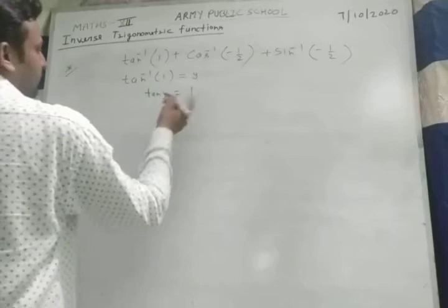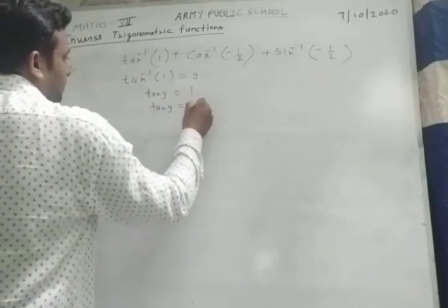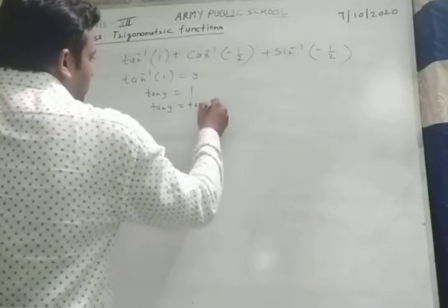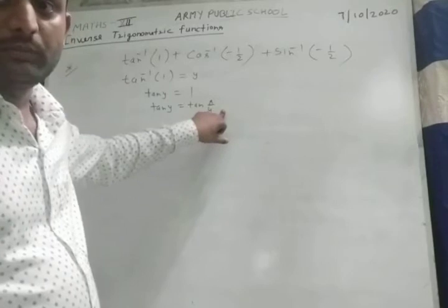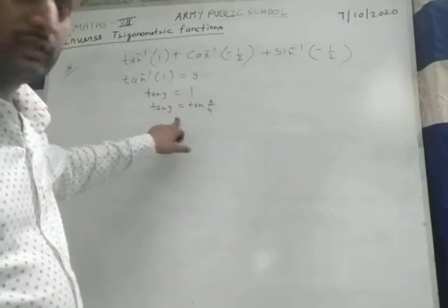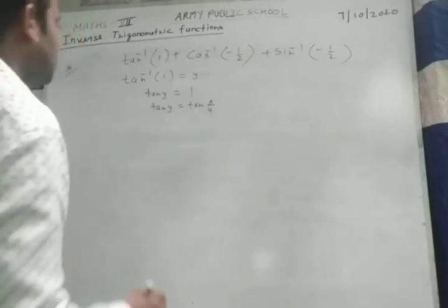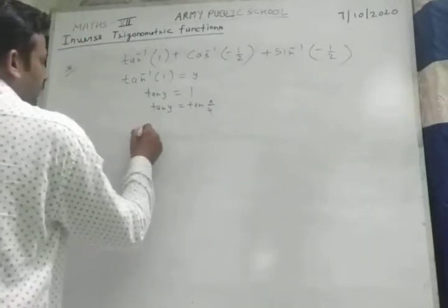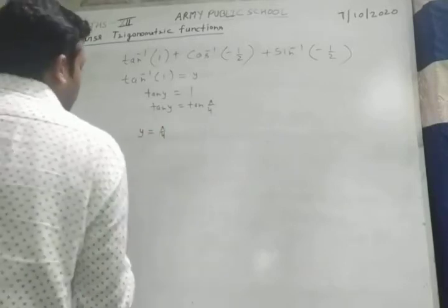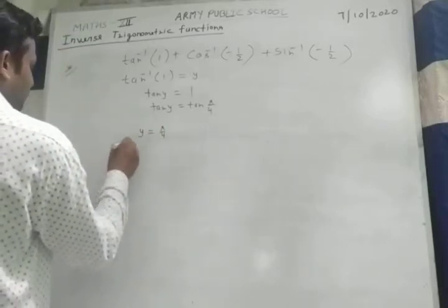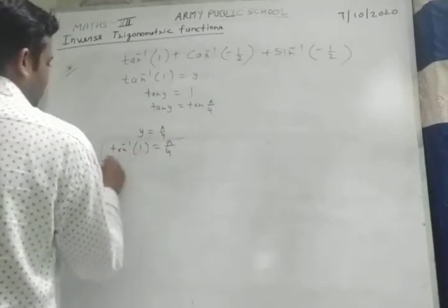Now the value of this: tan y is equal to tan pi by 4, and pi by 4 lies in the principal value branch of tan inverse, minus pi by 2 to pi by 2. So y will be equal to pi by 4.